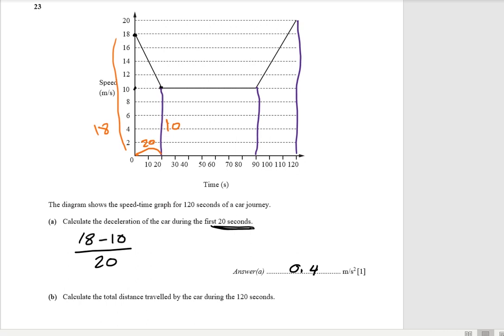The second one is here. The time here is 90 minus 20, which equals 70, and again this is 10. The last area is here. This distance is 30, and here the side will be 20.